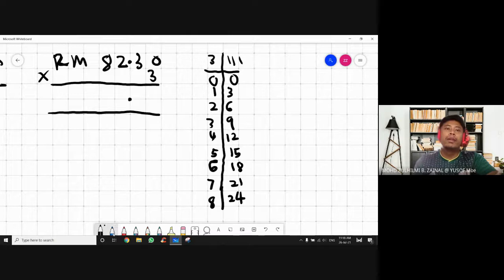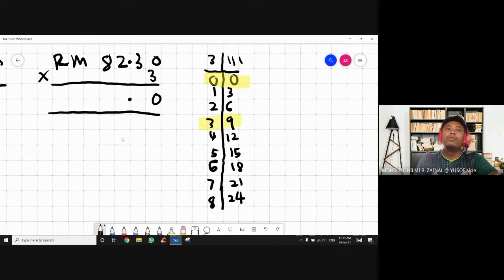So start from number 0 here, start from 1's place value. 0 times 3 equals to 0. So answer should be 0. 3 times 3, 9.